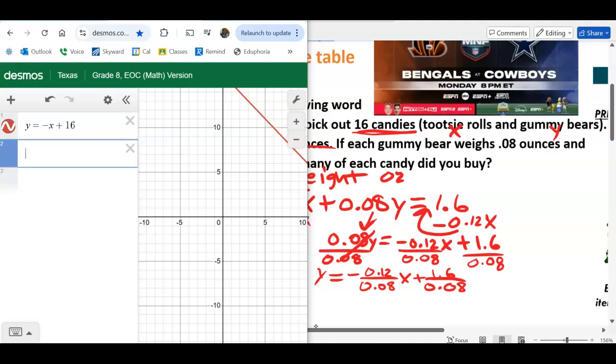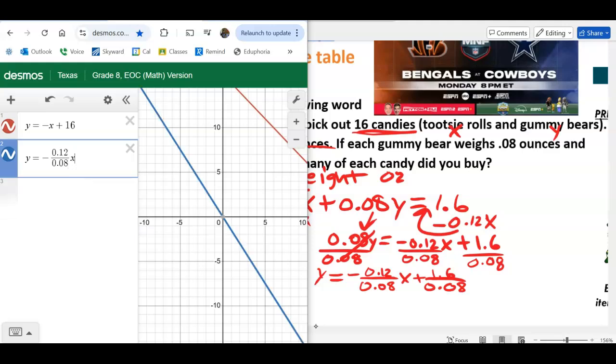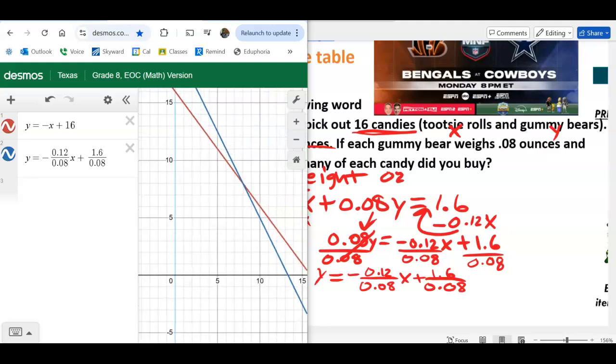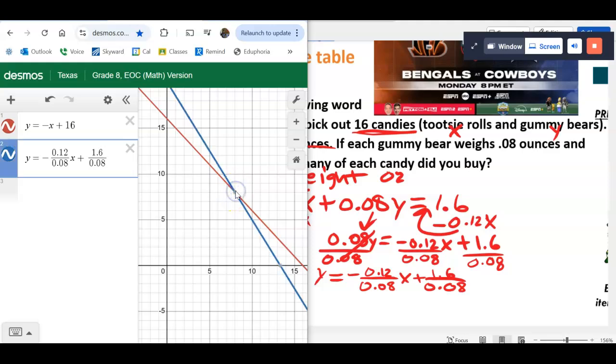And then y equals negative 0.12 over 0.08, right, x plus 1.6 over 0.08. When you graph it, no matter how ugly the equation is, it should show you where they cross, and that point should be a nice whole number. Then it's 8 comma 8.